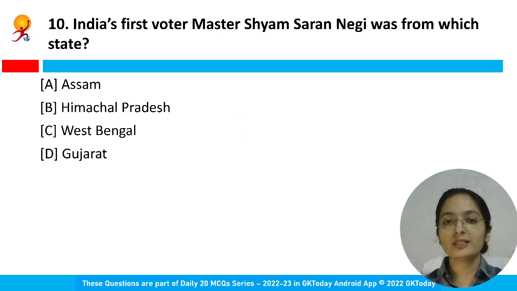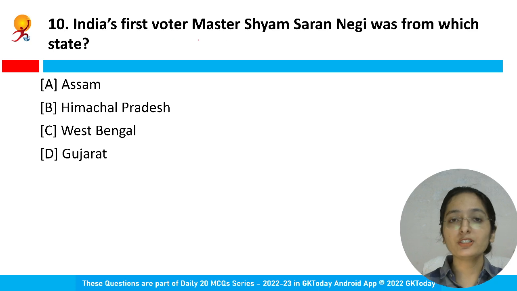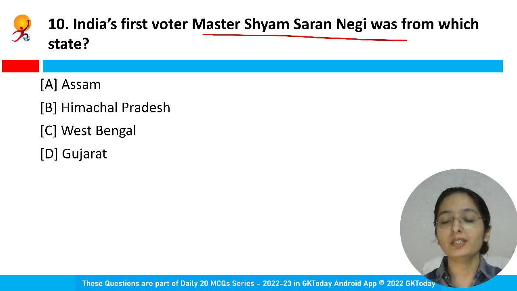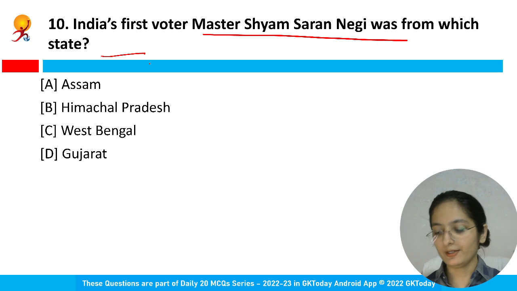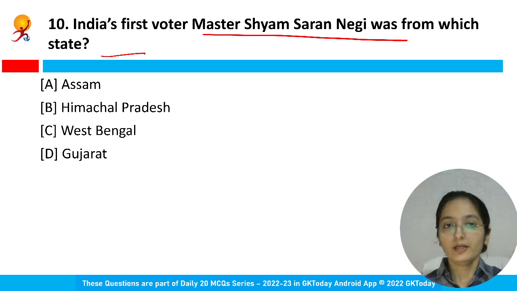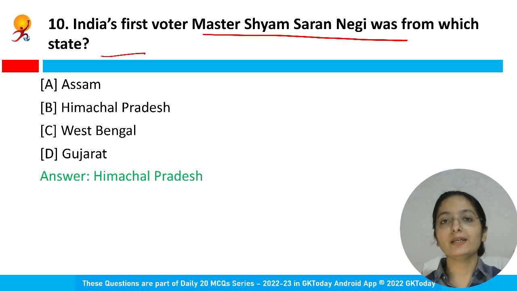The question says, India's first voter, Master Shyam Saran Negi, was from which state? If you are getting the answer as option B, then you are absolutely correct.